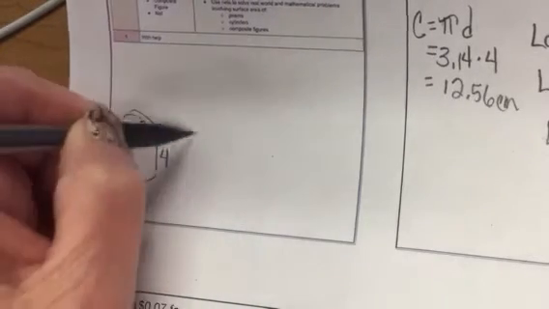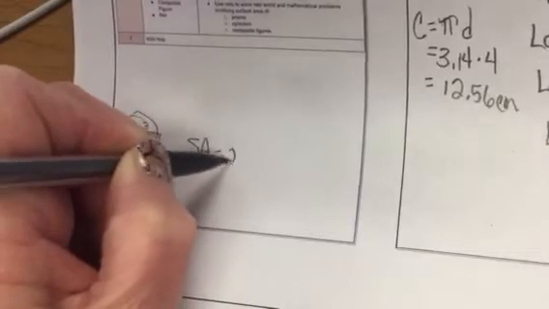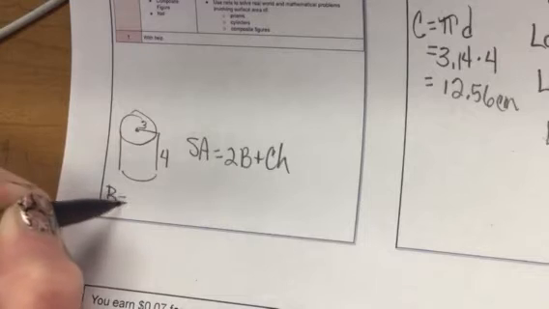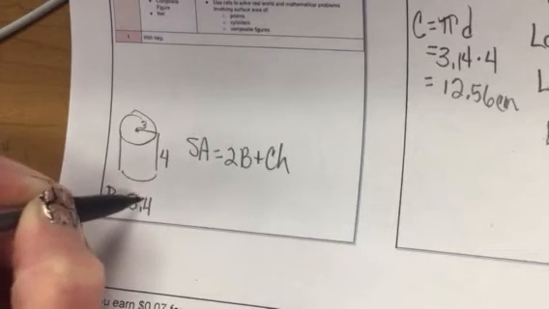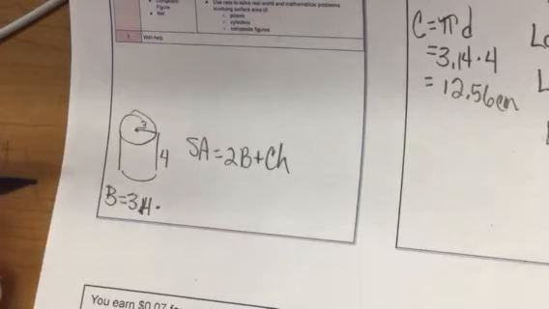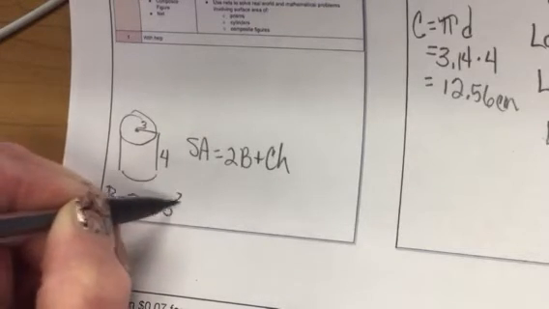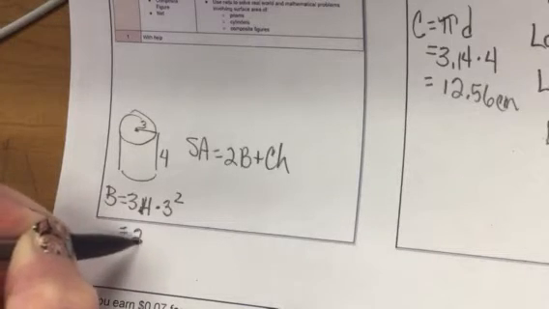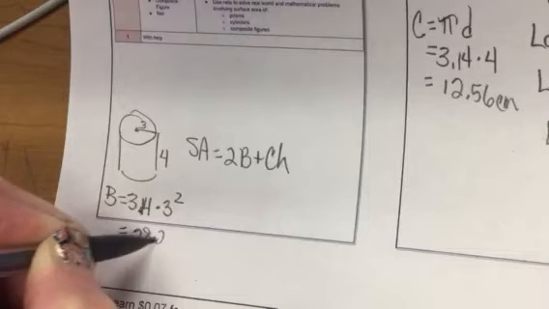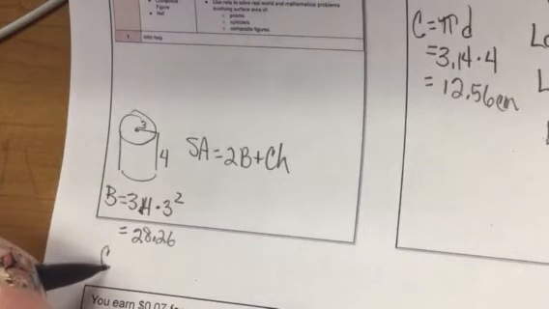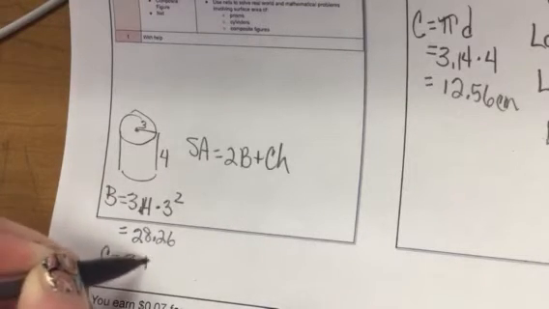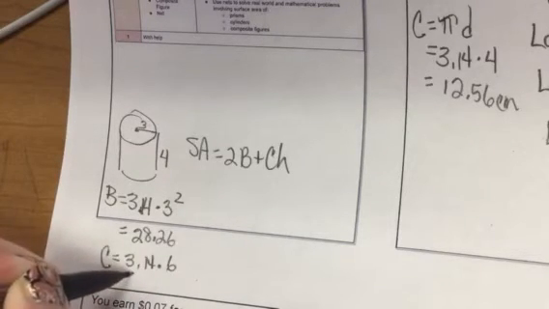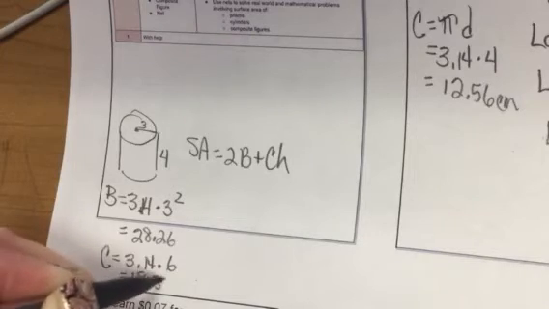So my surface area, 2B plus CH. My base would be pi, 3.14, times my radius of 3 squared. So my base would be 28.26. My circumference would be pi, 3.14, times diameter of 6, 18.84.